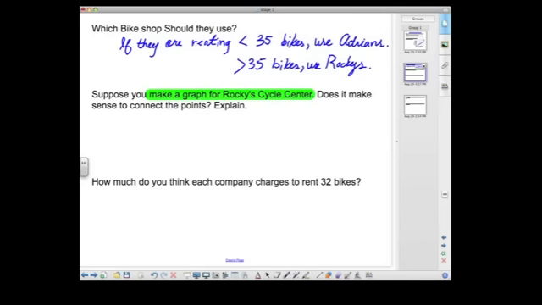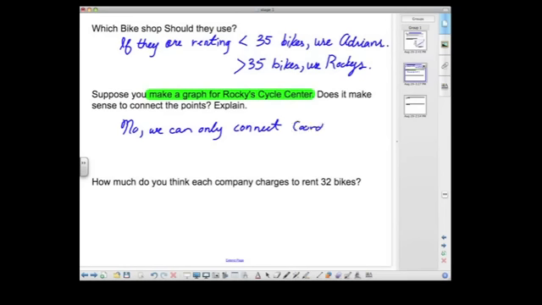Now, our basic rule of thumb is that you only connect points on a coordinate graph if x is your independent variable, and your independent variable is time. So you can only connect data points when x is your independent variable of time.